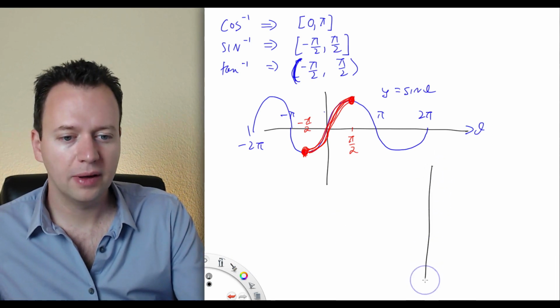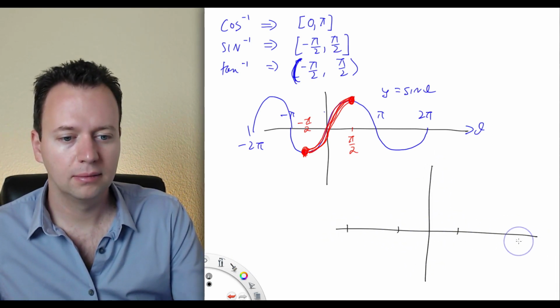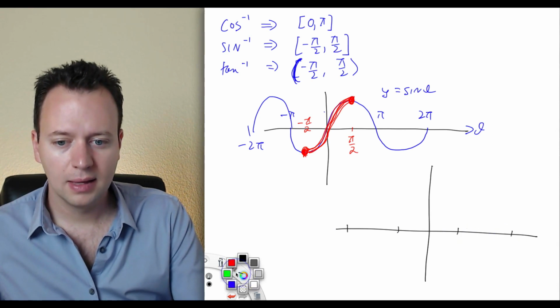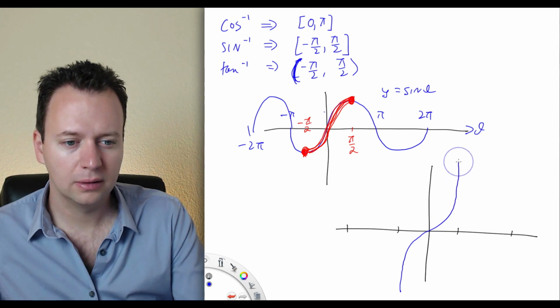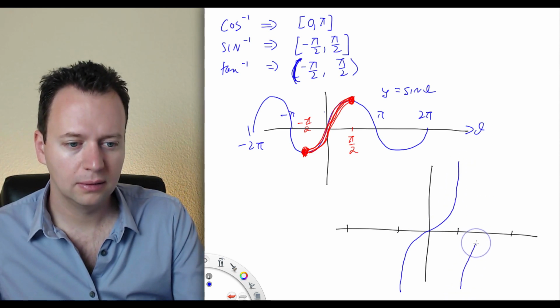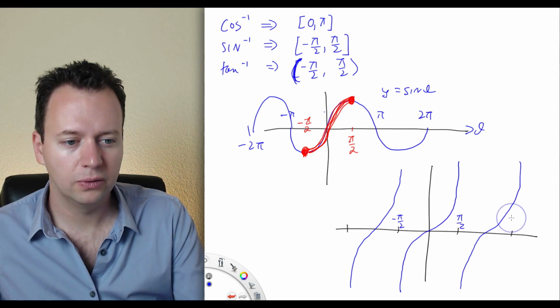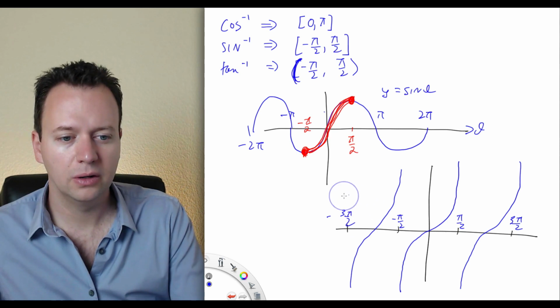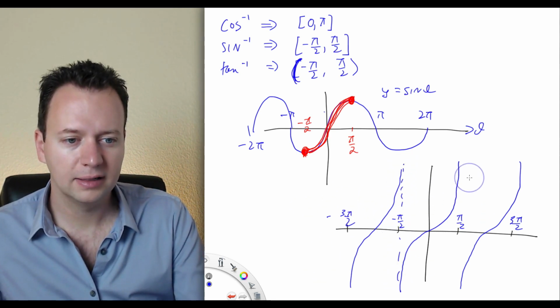Similarly, if we think about the tangent function, tangent has these vertical asymptotes. So this is at pi over 2 with a negative, pi over 2, 3 pi over 2, minus 3 pi over 2, and it repeats like that. So it has these vertical asymptotes here.